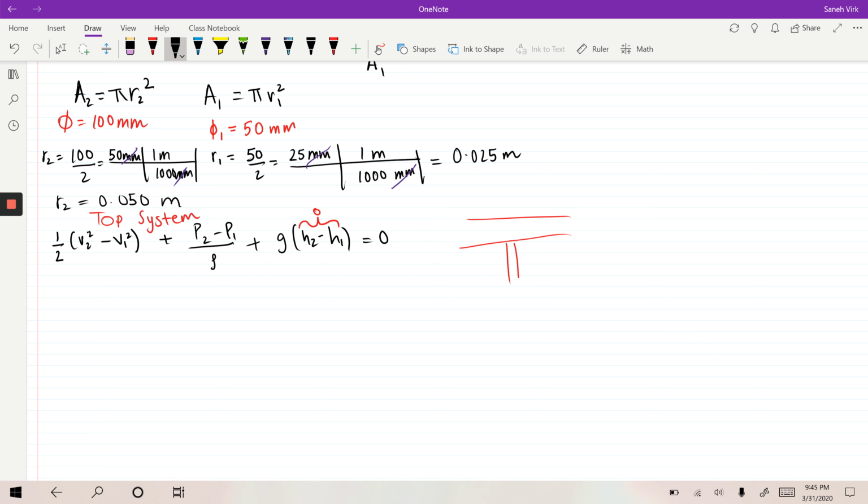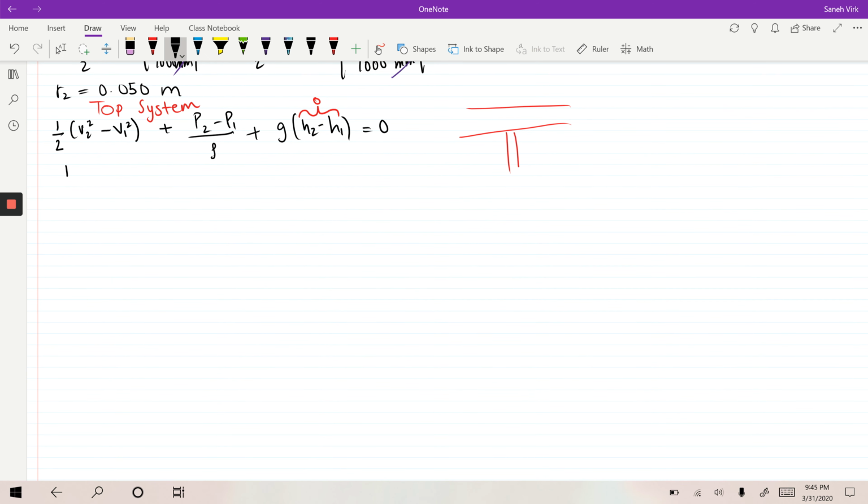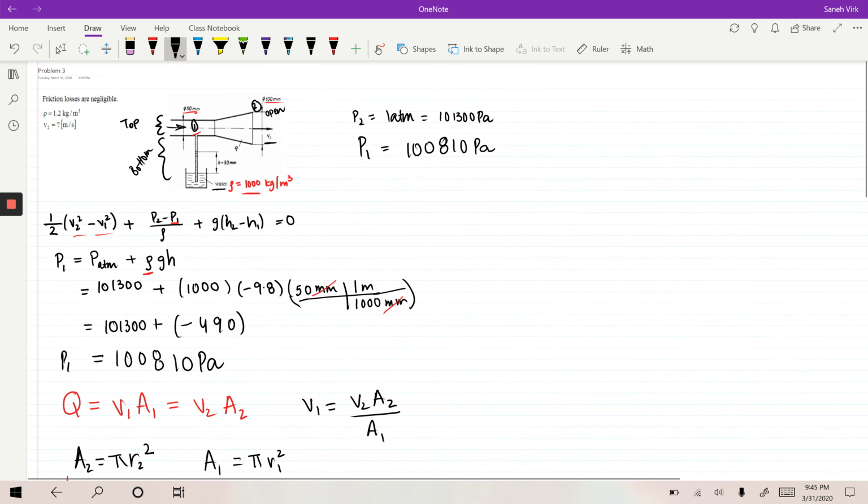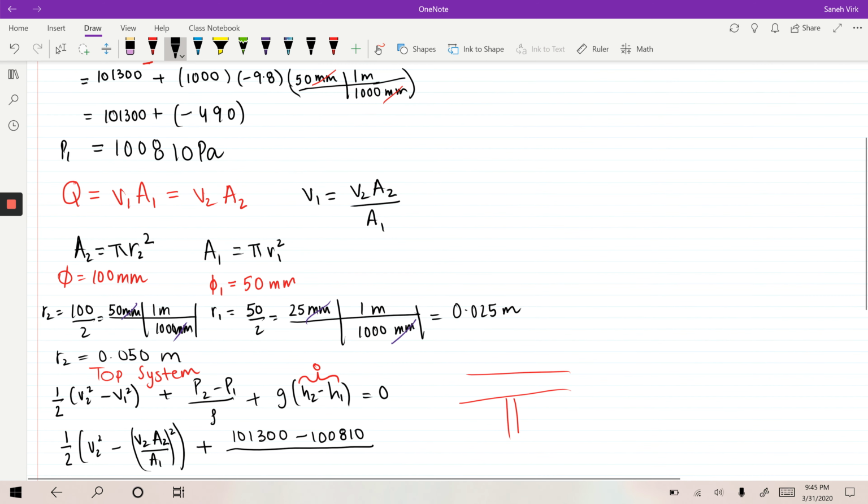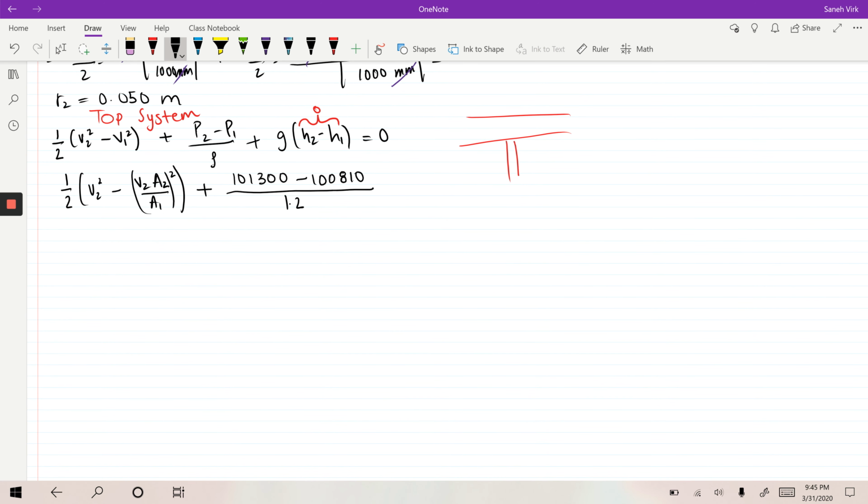So let's plug in what we have. 1/2 V2 squared minus, so we knew that V1 is V2 A2 over A1, squared. Do not forget to square it. Plus P2 minus P1. P2 was 101,300 minus 100,810. And our density, this is the density for the fluid in the tube, so that's the density that we will be using, 1.2.